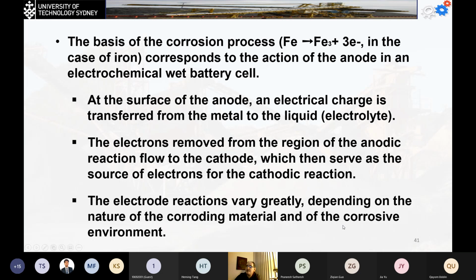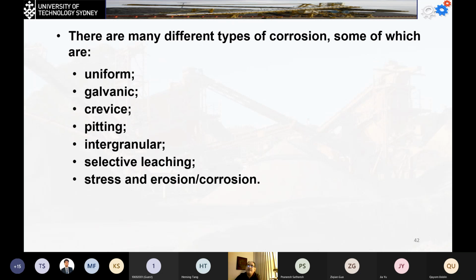I don't need to read that because it's just chemical. The most important thing is that, due to the electrical effects, we're going to have those electrons lost, and then we're going to have the Fe3 instead of the Fe.